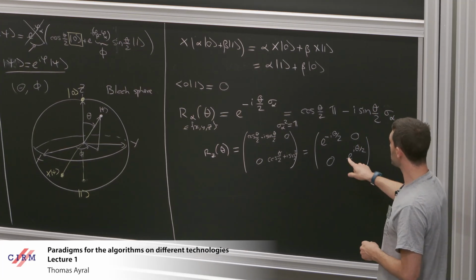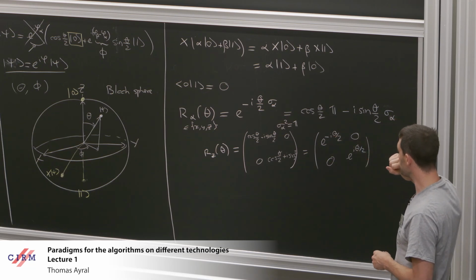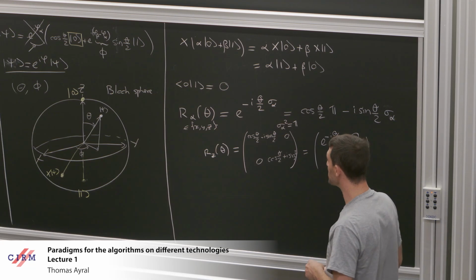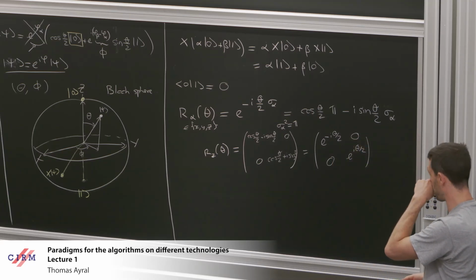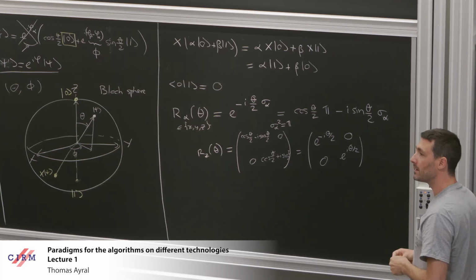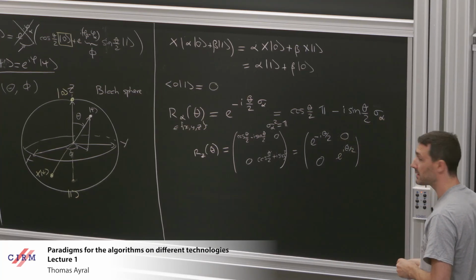And so now, can you see which theta I should put if I want to find a gate which is quite similar to Z? Anybody wants to try?